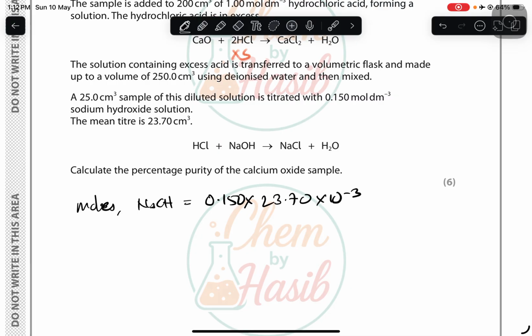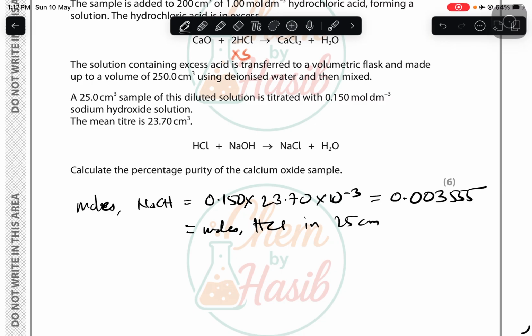If you calculate, this is 0.15 times 23.7 divided by 1000, which equals 0.003555. This equals the moles of HCl in 25 cm³, because you titrated 25 cm³ of HCl.